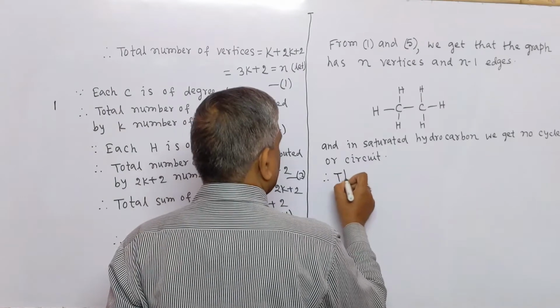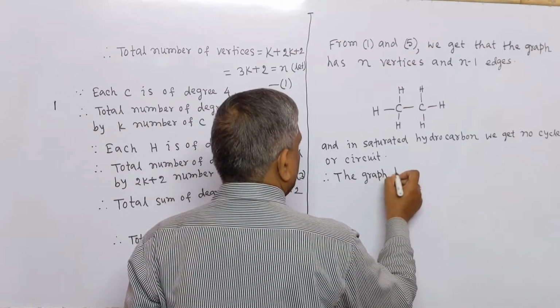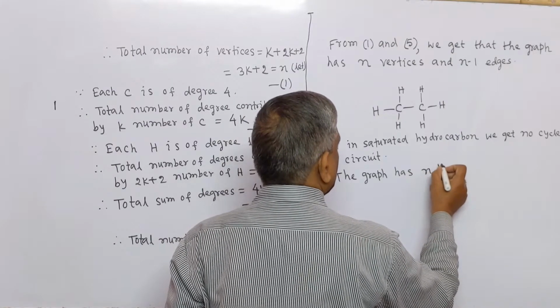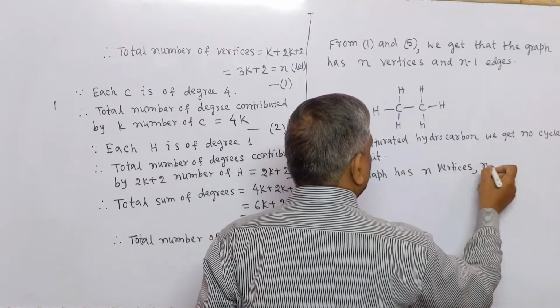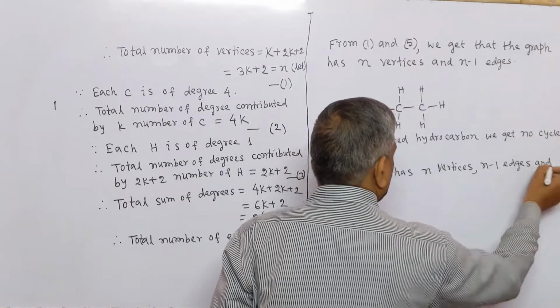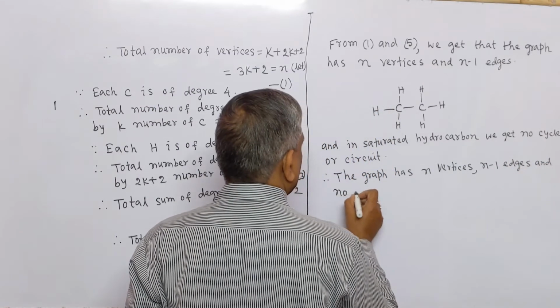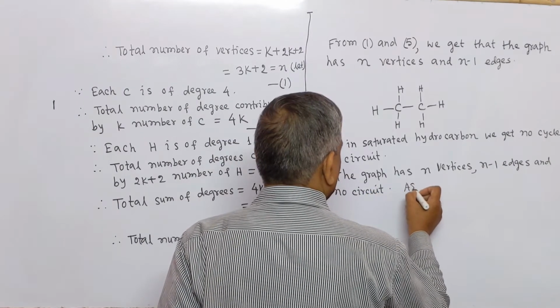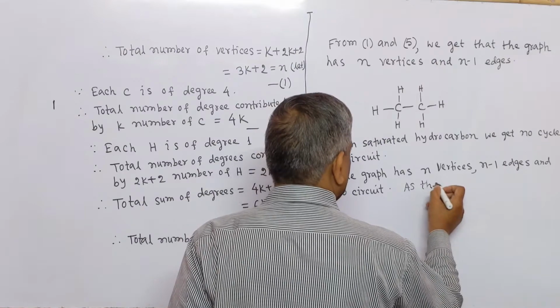Therefore, the graph has n vertices, n minus 1 edges and no circuit, as the graph is connected.